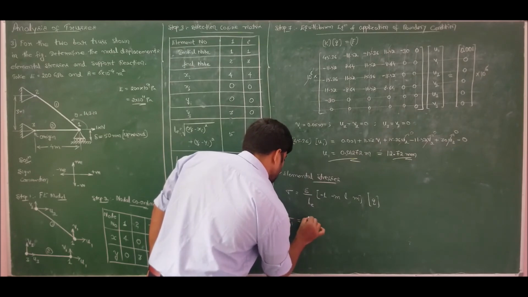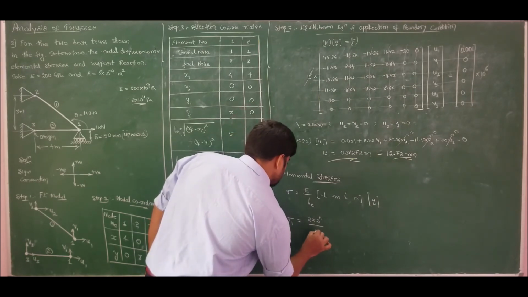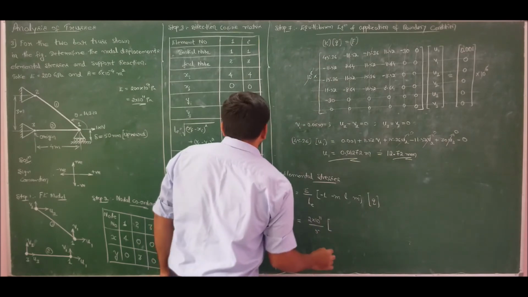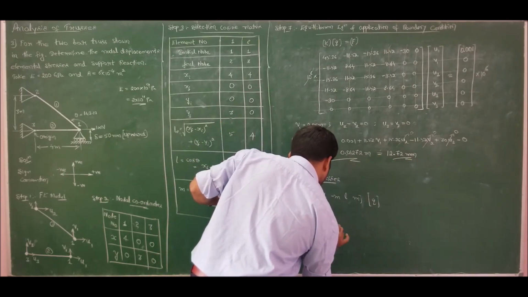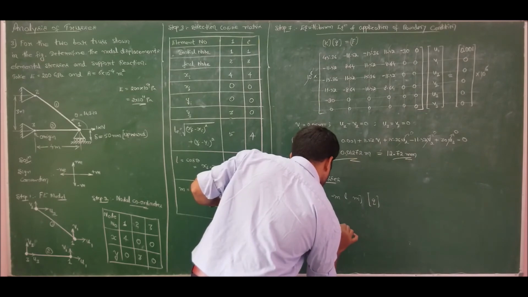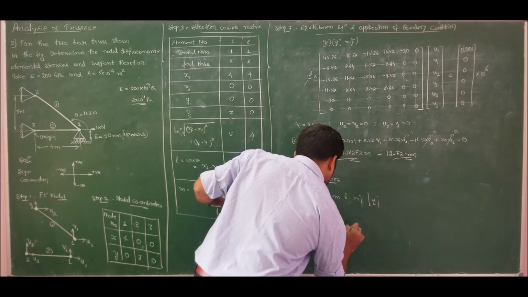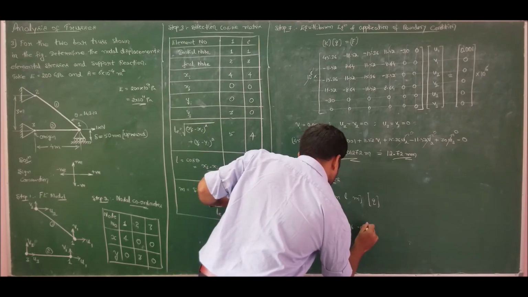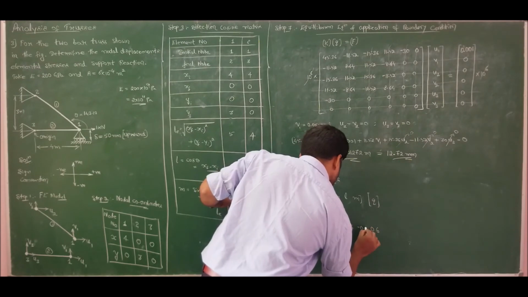Therefore sigma 1 will become 2 into 10 to the power of 11 divided by the length of element 1, which is 5 meters. L for element 1 is minus 0.8, so minus of minus becomes plus 0.8, minus 0.6, minus 0.8, plus 0.6.